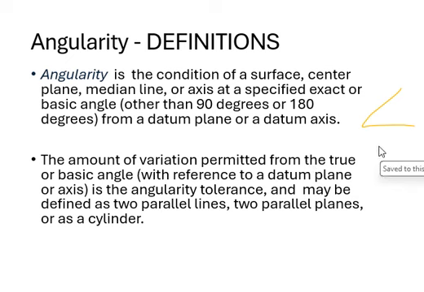All right. So the very first one that we come into is angularity. Angularity is where you're studying a surface. When you look at the surface, we have a center plane, we have a median line, and then we have an axis. And that surface has a specific angle with the axis. So this is like your datum plane.